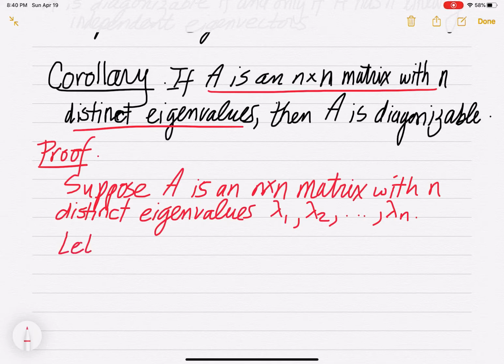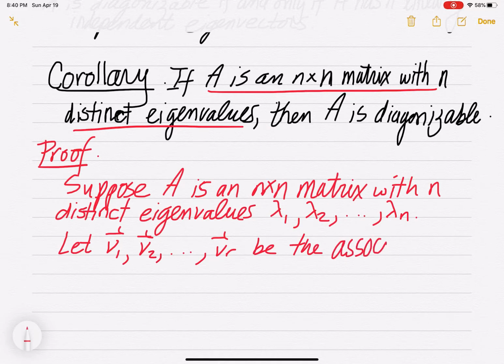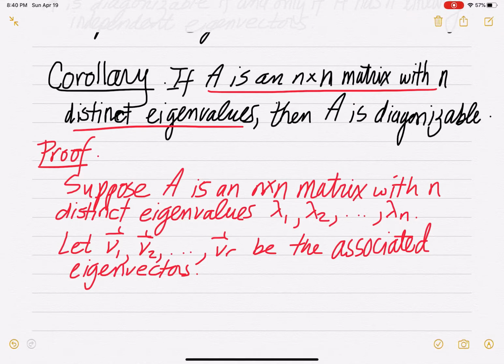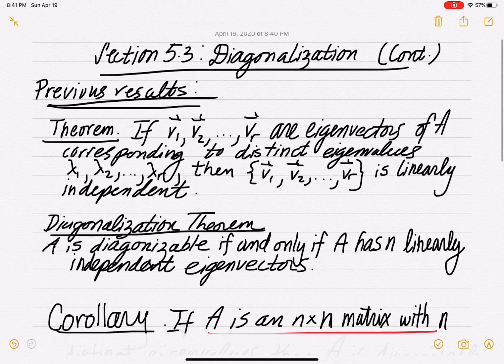Let v1, v2, through vn be the associated eigenvectors. Now, we're going to go back and use one of these previous results. What result can we use here?